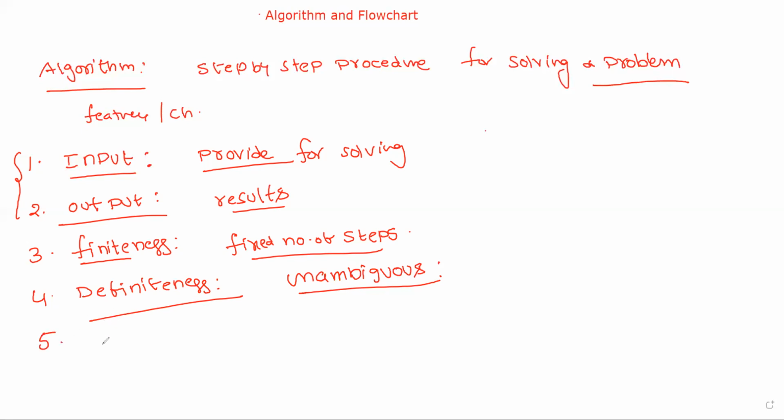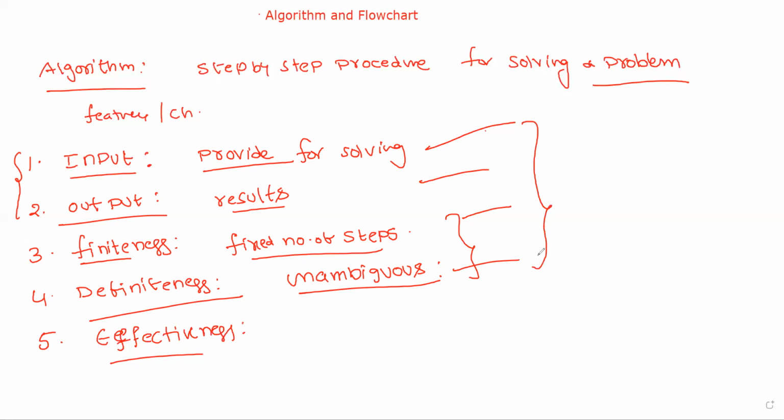And finally, effectiveness. Here, effectiveness in the sense you are taking some information, following a finite number of steps, following each and every statement very clearly, and we are producing this output. Everything is okay.